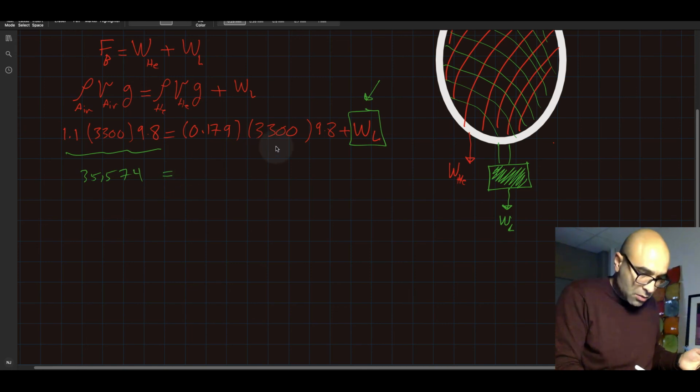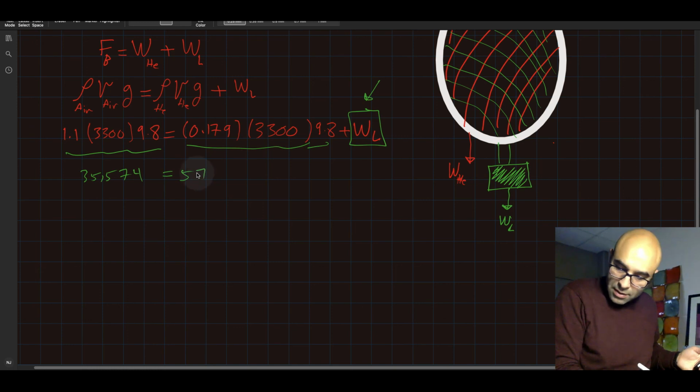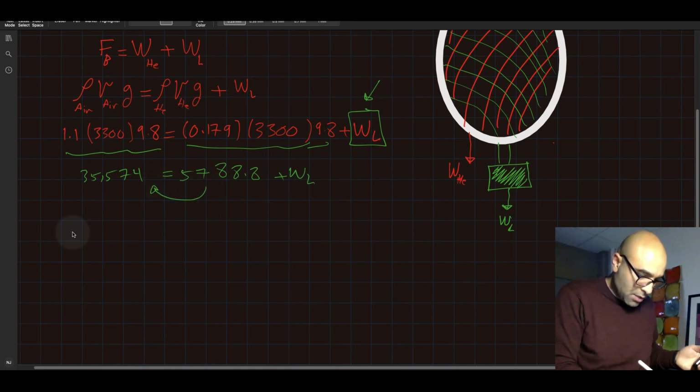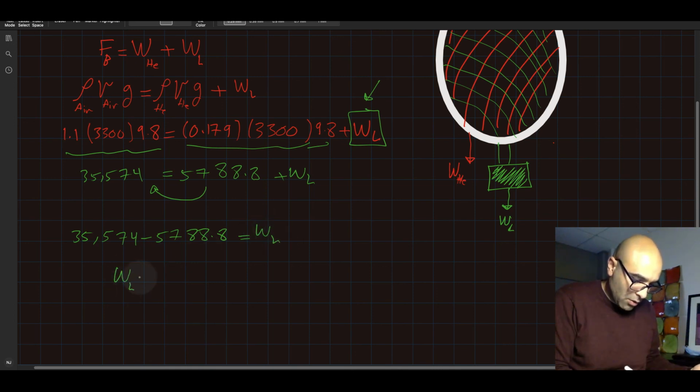That must equal this whole number, which, if we calculate it, is 5,788.8 plus W sub L. Then we take this number to the other side, so W sub L equals 35,574 minus 5,788.8. The weight of the load should be 29,785.2 newtons. And that's it.